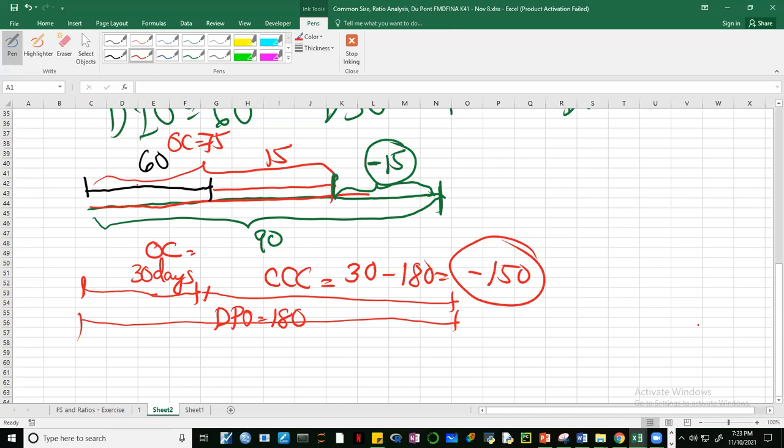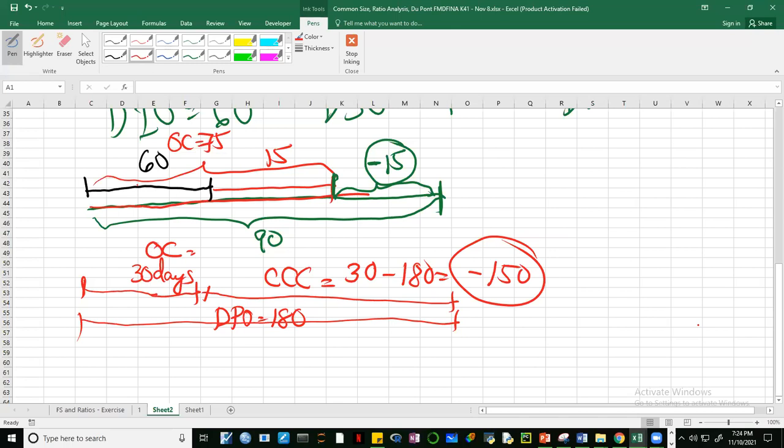Sabi nila, sige, if you don't want that kind of a deal na 180 days muna bago namin kayo bayaran, ang terms namin 180 days, then hanap na lang kayo ng iba. So other companies, for them doing business with a big company like this, it's good for them. Kaso the problem is it takes the company a long time to pay.